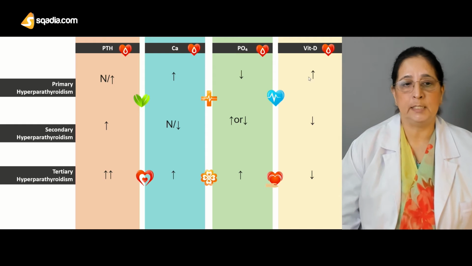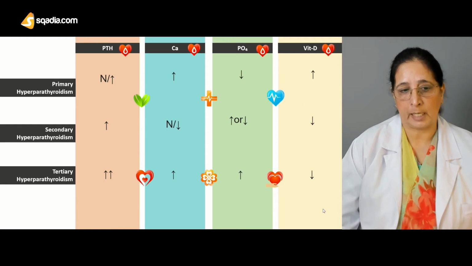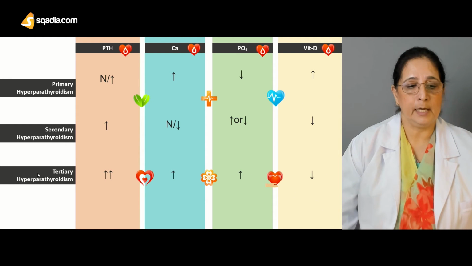So vitamin D is increased only in primary hyperparathyroidism, but it is decreased in the other two types, secondary and tertiary.